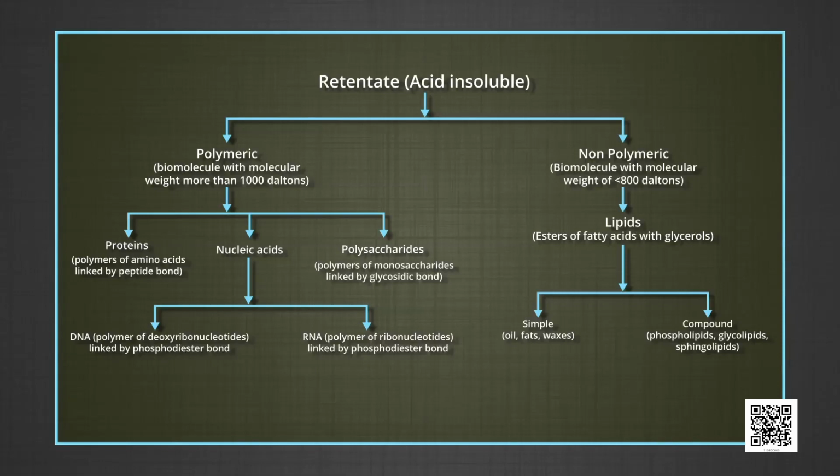Proteins are polymers of amino acids, linked by peptide bonds. The nucleic acids include DNA and RNA. What is DNA? DNA is a polymer of deoxyribonucleotides, and RNA is a polymer of ribonucleotides. RNA is linked by phosphodiester bonds, and DNA is also linked by phosphodiester bonds.